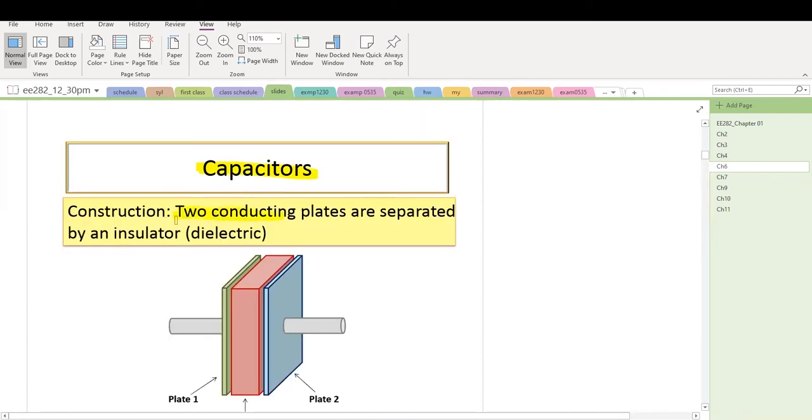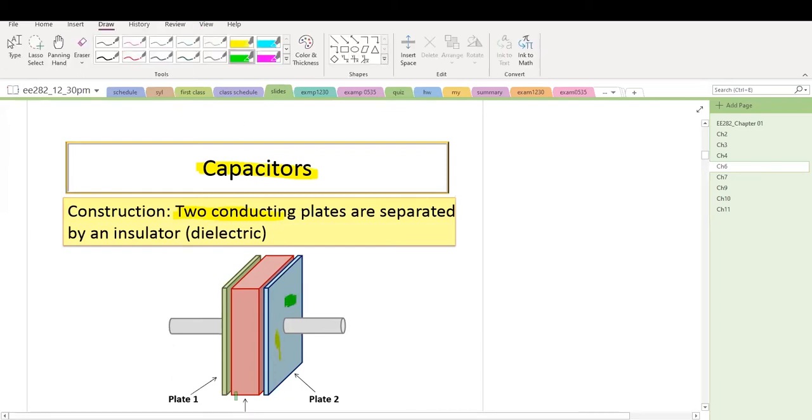How do we build capacitors? We use two metal plates. There's one metal plate on this side, and another metal plate on this side. In the middle is an insulator, also called dielectric material.